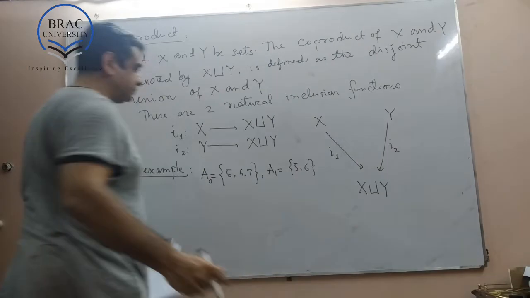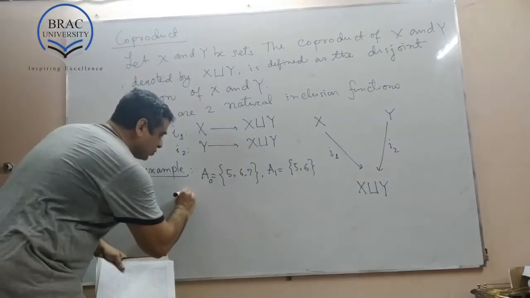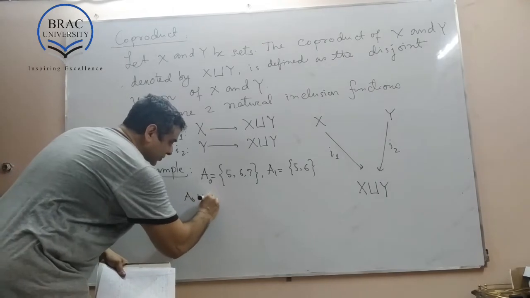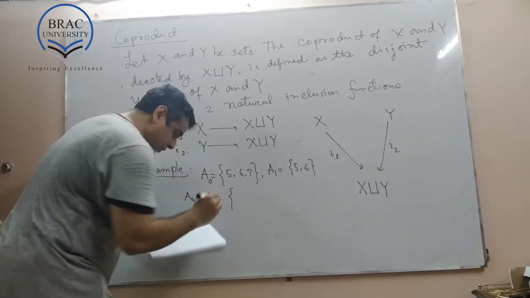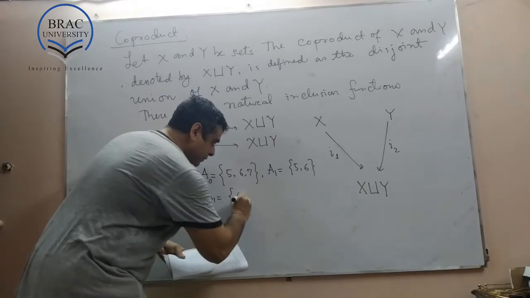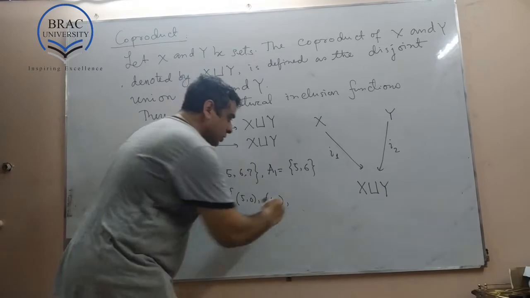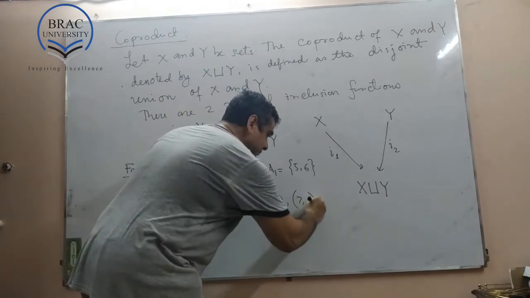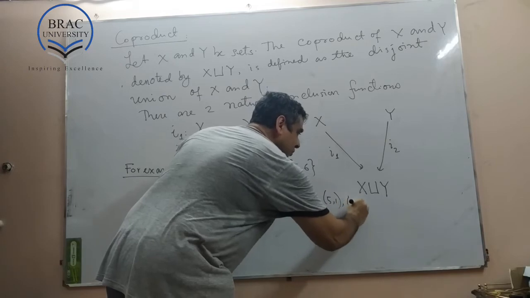Okay? These are two sets. And we have seen that the disjoint union of these two sets is the set of ordered pairs given by (5,0), (6,0), (7,0), (5,1), and (6,1), right?